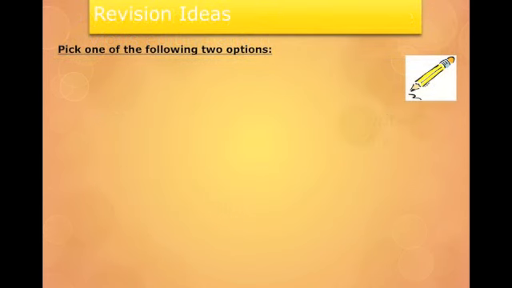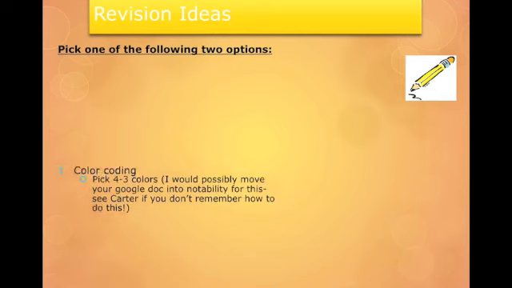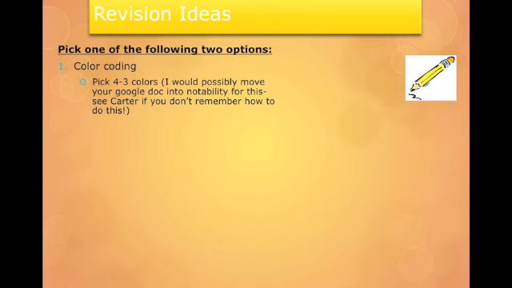So, some revision ideas. There are two options. I need you to pick one of the two options. Either one I think is really going to help you with the revision process. The first one is called color coding. So what you're going to do is pick 4 to 3 colors. I would possibly say that you should move your Google Doc into Notability so that you can use the pencil feature in Notability to do this.